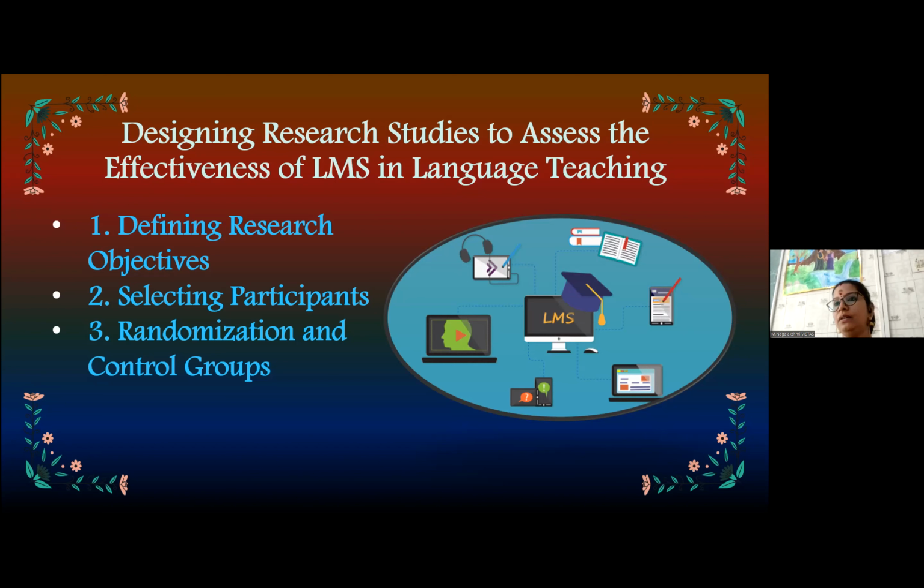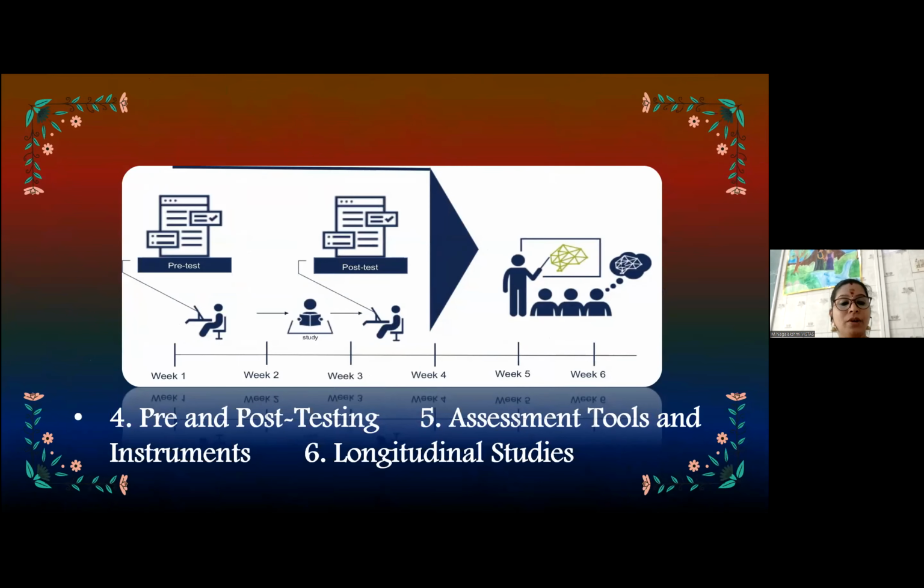When you involve various kinds of people in your research, you will get a broader perspective on the effectiveness of LMS. Randomization and control groups, again, it is like pre-test and post-test, right? A similar thing.